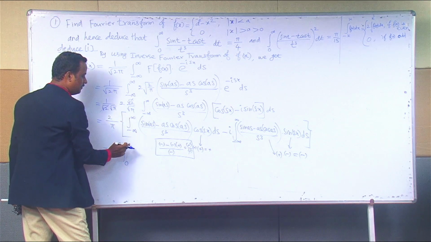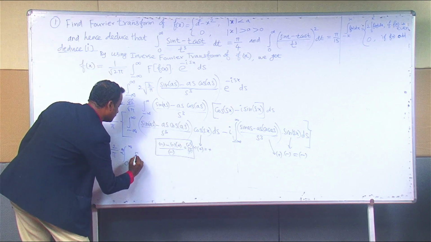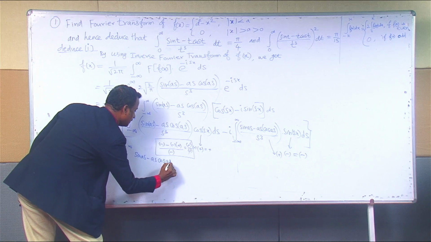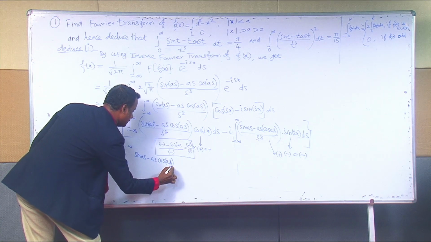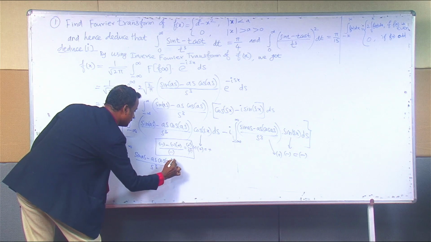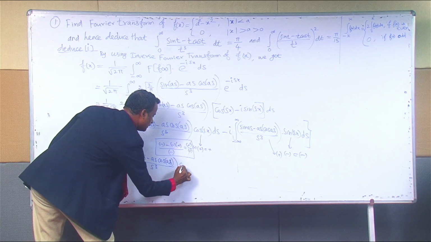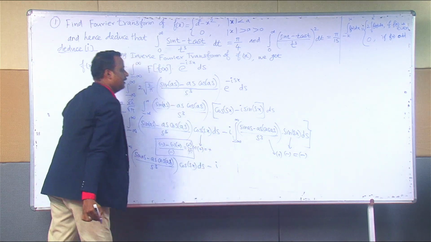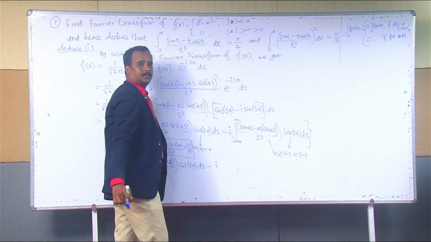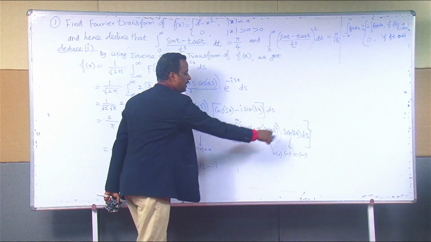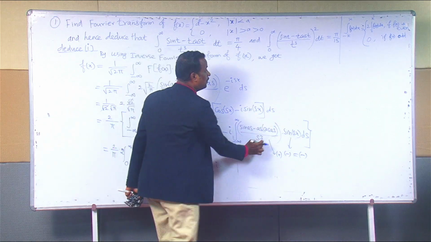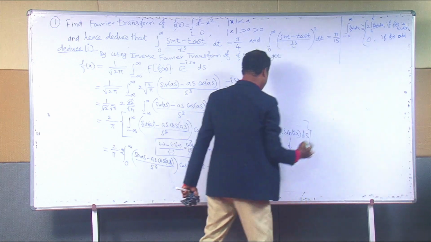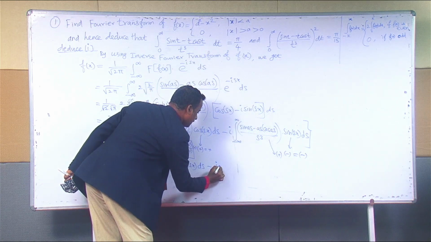This is sin s minus s cos s divided by s cube into cos sx ds, minus i times the second integral, whose integrand is an odd function. Therefore its value is 0, so the whole value becomes 0 here.